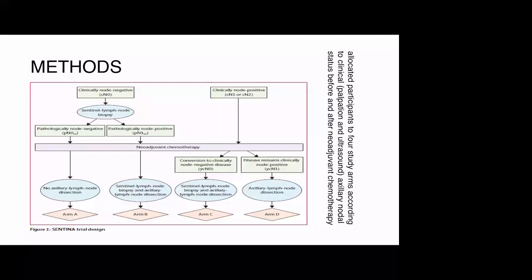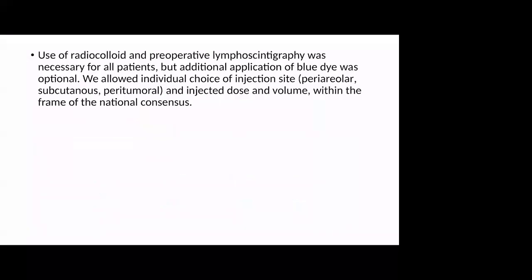That is what the sentinel lymph node biopsy and axillary lymph node dissection will pick up in a clinically node positive but ycN0 arm. Then obviously, if there is a clinical node after you give chemotherapy, there's no doubt about it, axillary lymph node dissection is the way to go.